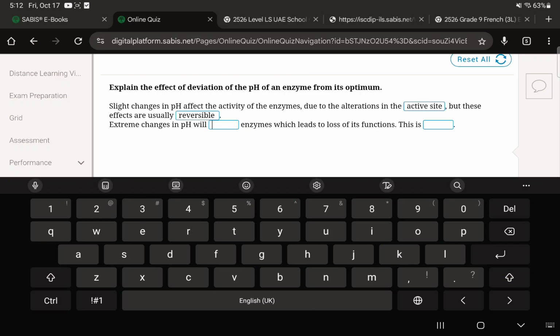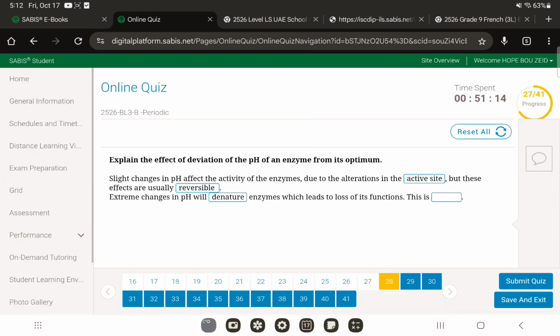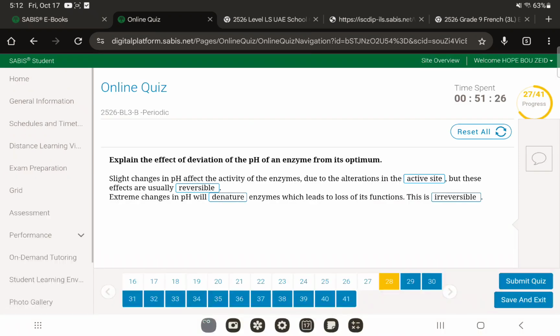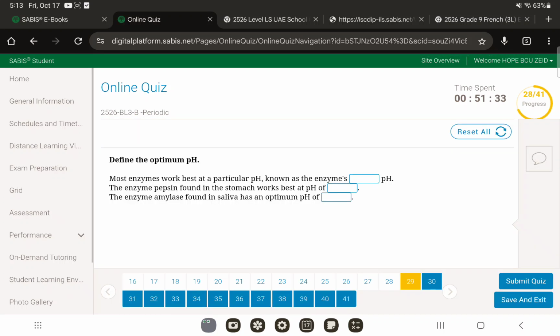Extreme changes in pH will denature enzymes, which leads to loss of their functions. This is irreversible because when the enzymes become denatured, you can't bring them back to how they were before. And it's the same for proteins, because enzymes are proteins.